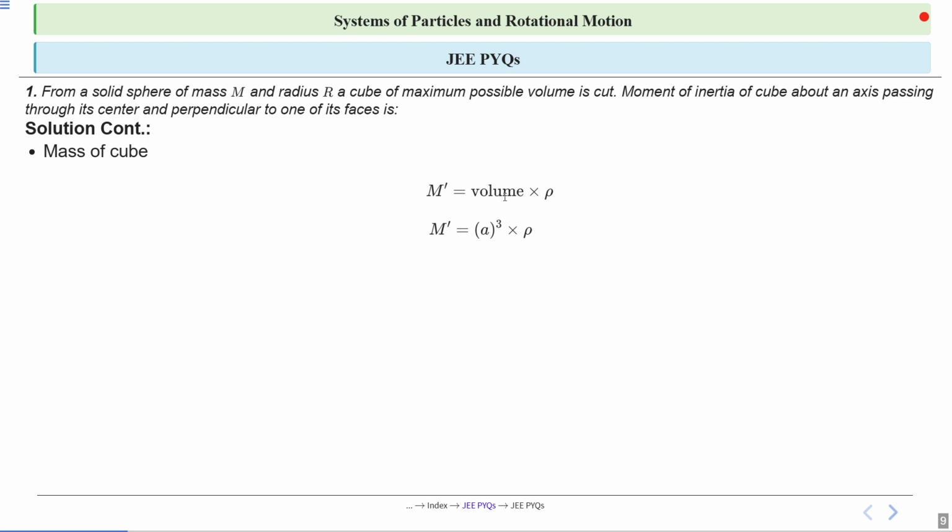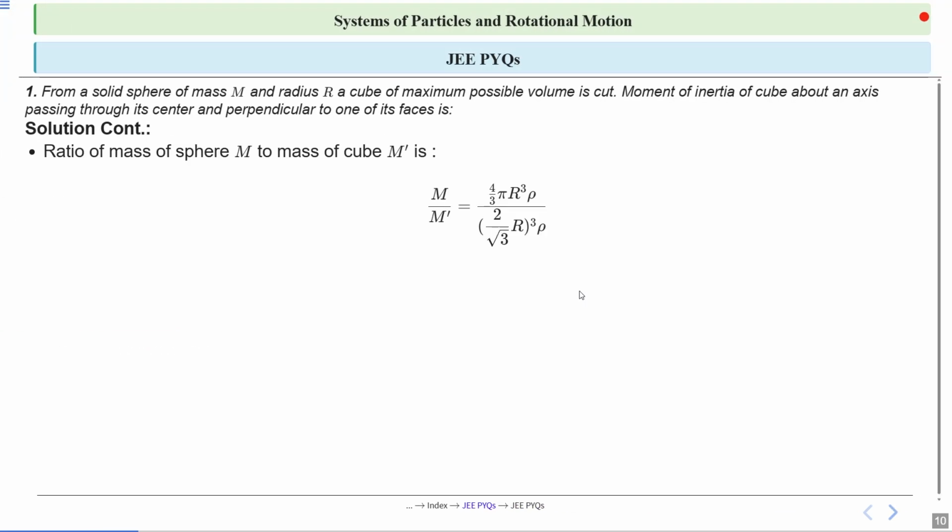The volume is the cube of the side, and the side is a, so it will be a cube into density, and that is equal to the mass of the cube. So just put the value. The mass of the cube is equal to the side, 2 divided by root 3 into r, whole cube, into density, because we know a is equal to 2r divided by root 3. Yes or no?